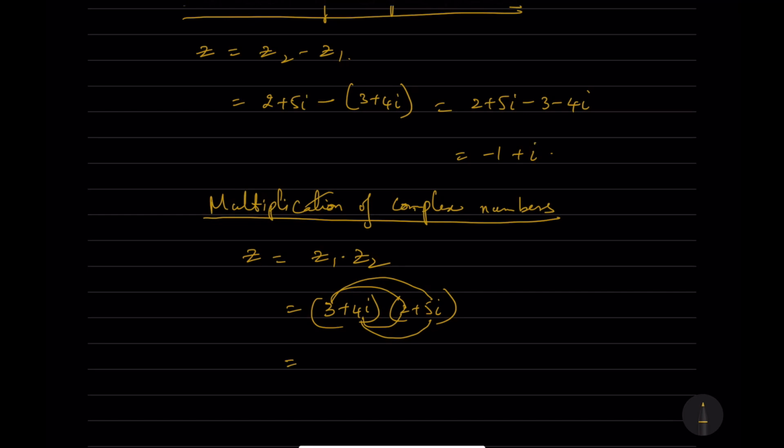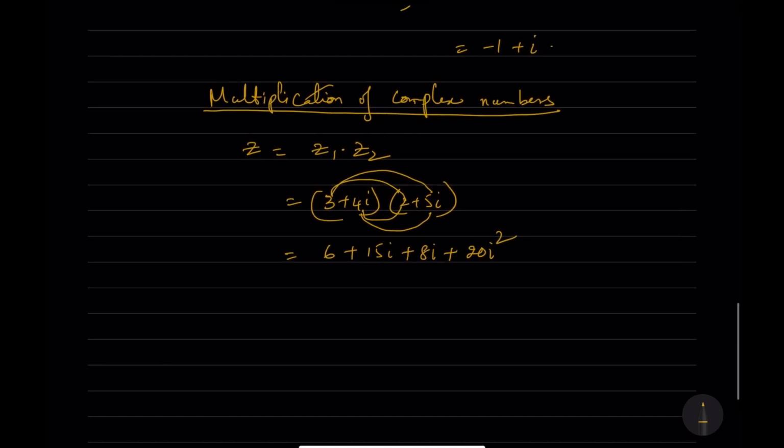So you'll get here 3 into 2 is 6, plus 3 fives are 15i, plus 4i into 2 is 8i, then plus 4i into 5i is 20i square.